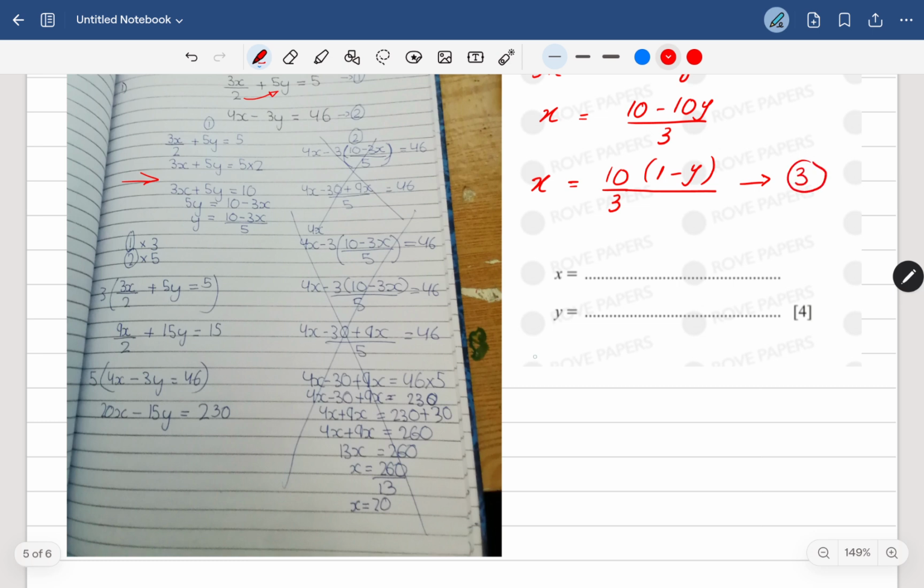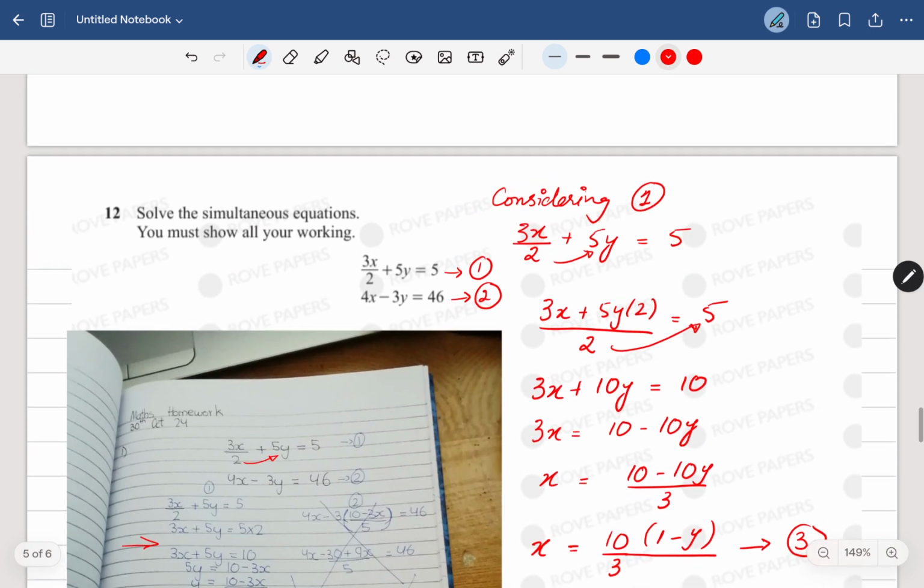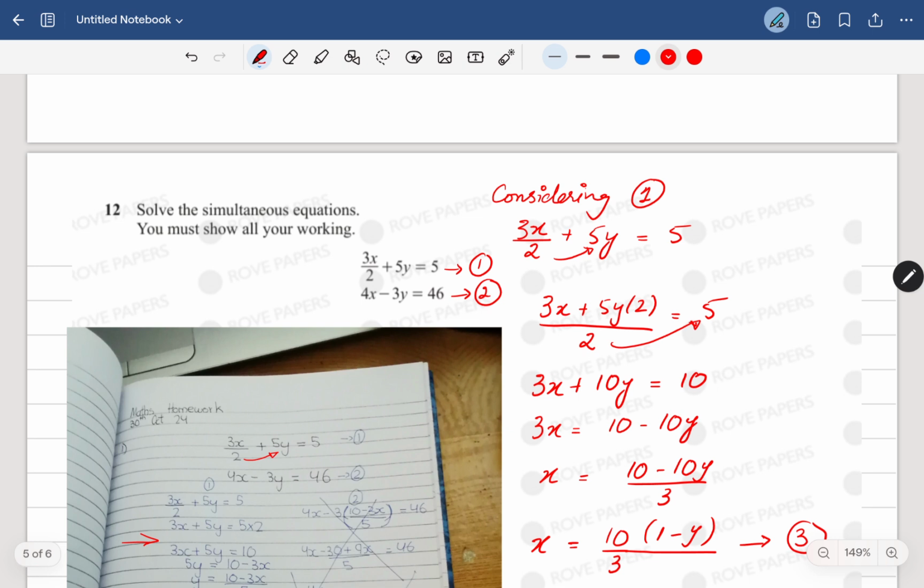Now you need to substitute equation 3 in equation 2. The reason is that when we are considering any equation, we don't put that value in the same equation, we put that value in the other equation, so that we can relate both equations and get our answers accordingly.